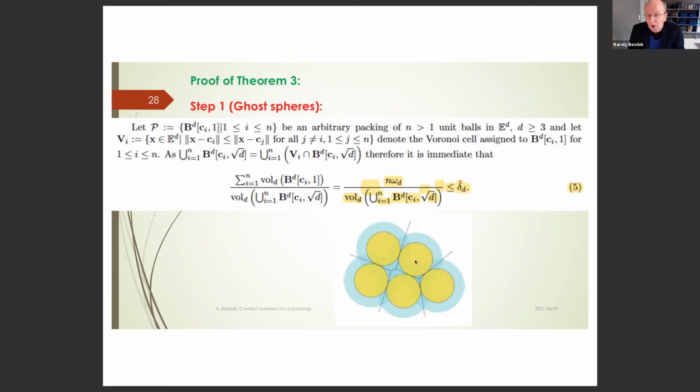So although our contact number theorem is a Euclidean one, since the proof is based on understanding the behavior of the surface area of this highly non-convex union of concentric spheres, the actual underlying technology is an analytic technology in spherical space.